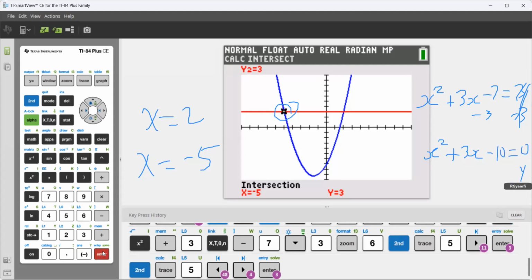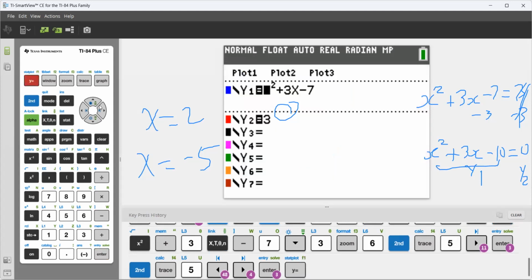This whole thing is your y1, and y2 is 0. You could also do that. So I'm going to do that and show you so you see the difference. Here I'm going to change this to minus 10, and then my y2 is 0.